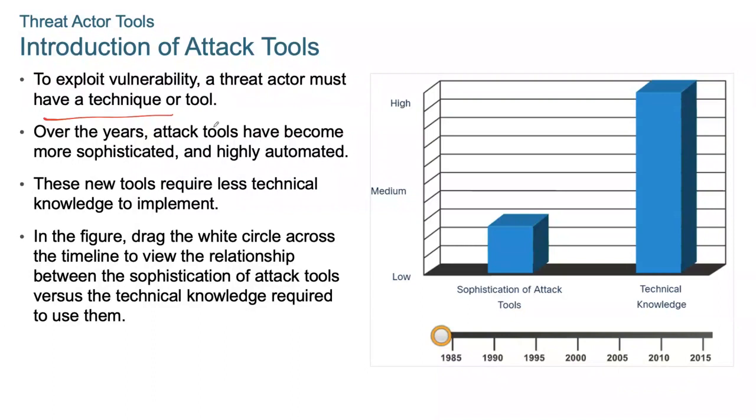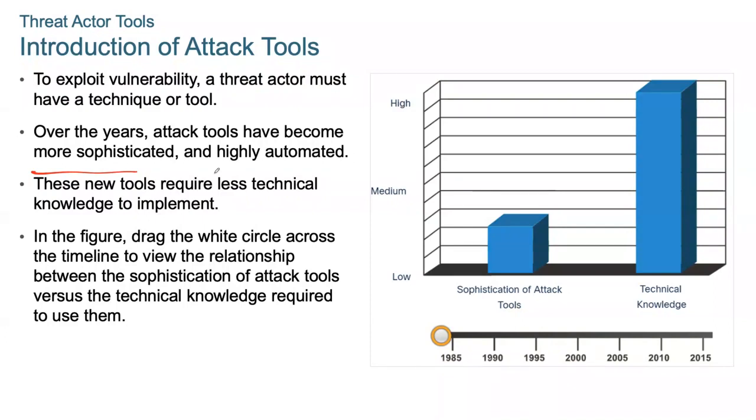Over the years, the attack tools have become more sophisticated. Now, instead of configuring everything at your edge router, you may use additional tools to protect your network, and the same tools can be used by your attackers.